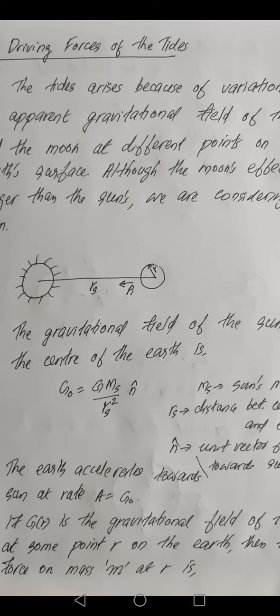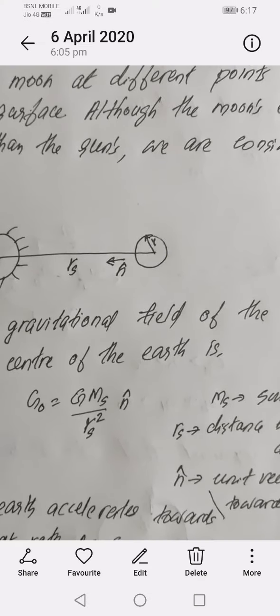We know from the idea of gravitation that you learned in the last semester, G0 is the gravitational field of Sun at the center of the Earth. That is at this point, I call it capital G0.